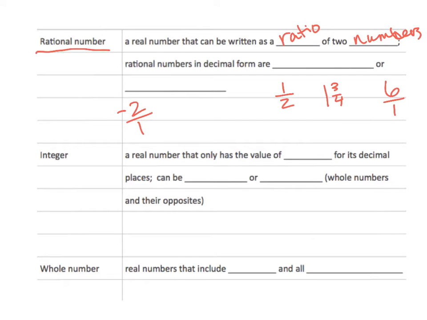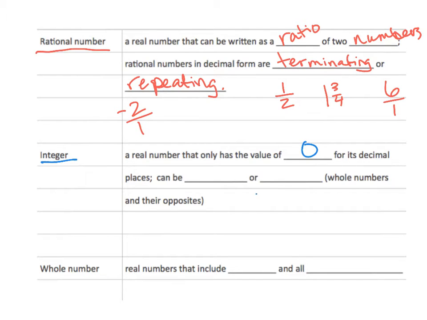Rational numbers in decimal form are terminating, meaning they're going to end, or repeating. And we're going to talk about more of that a little bit later, but have both of those in your notes. Next one we're going to talk about is an integer. A real number that only has the value of 0 for its decimal places.